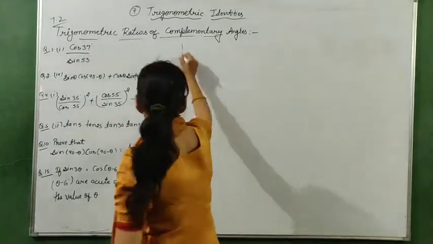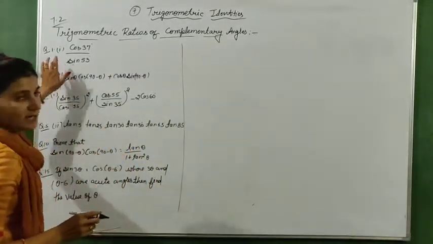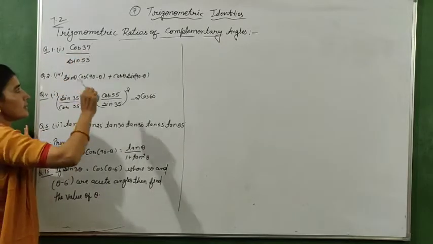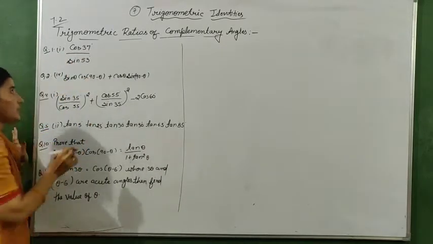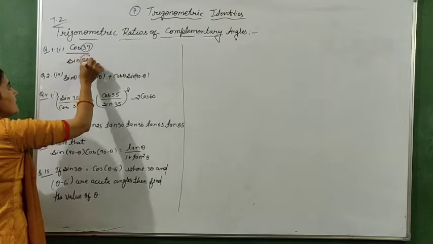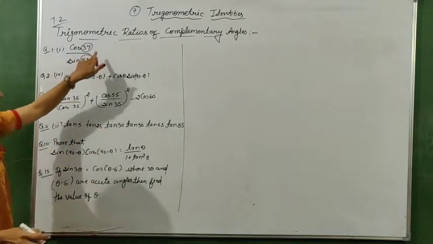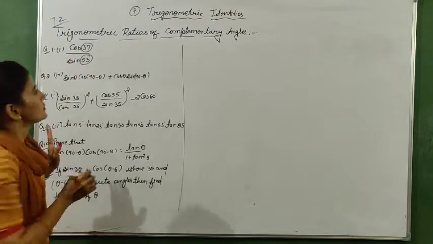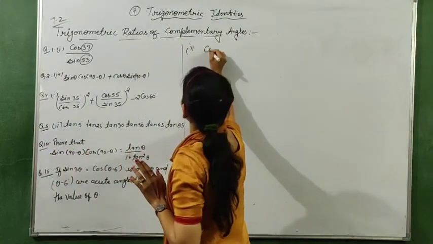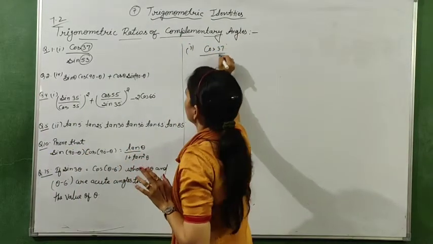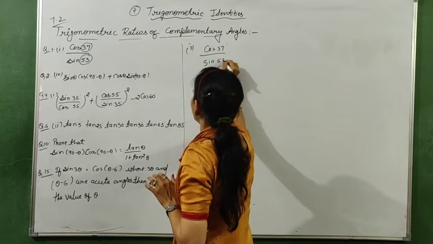So, our first question is we have to find the value of cos 37 degree upon sin 53 degree. Since 37 and 53 degree are complementary angles of each other, cos 37 degree upon sin 53 degree.